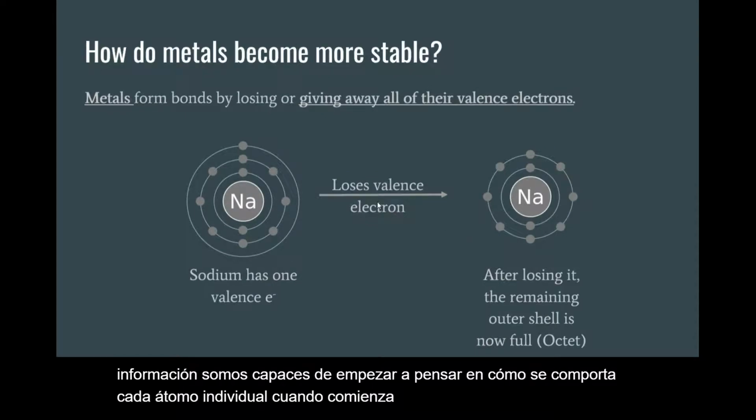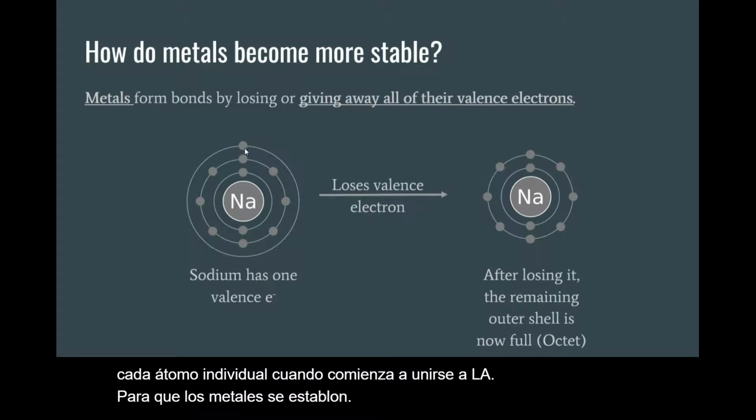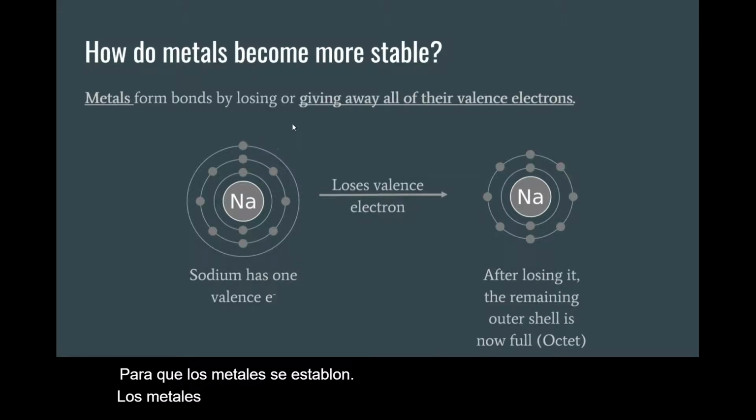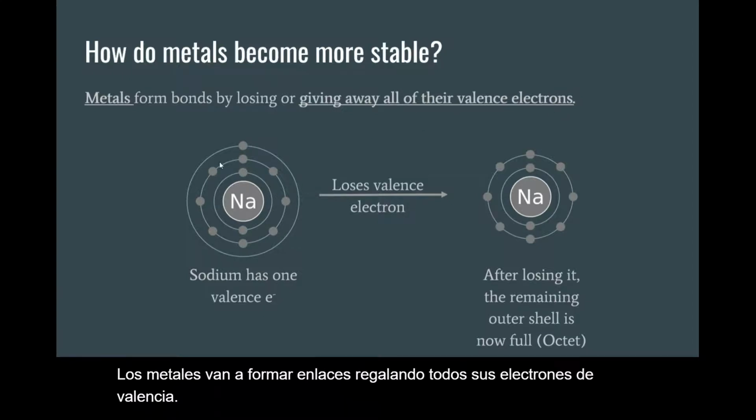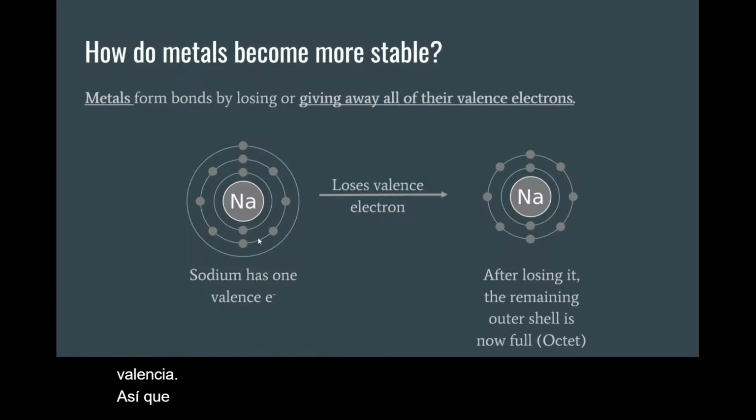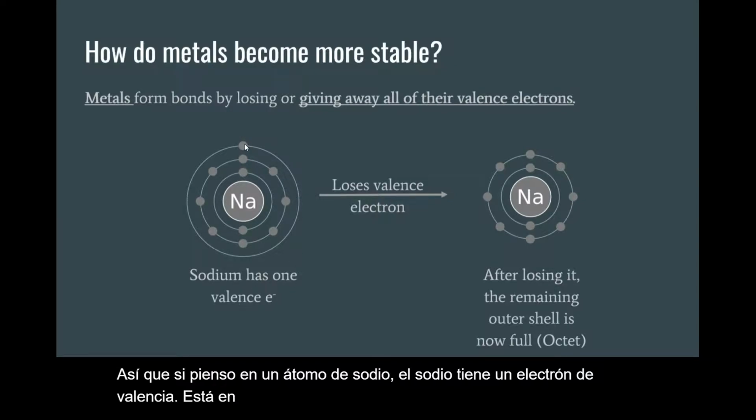You see, in order for metals to become stable, metals are going to form bonds by giving away all of their valence electrons. So if I think of a sodium atom, sodium has one valence electron. It's in the first group on the periodic table.